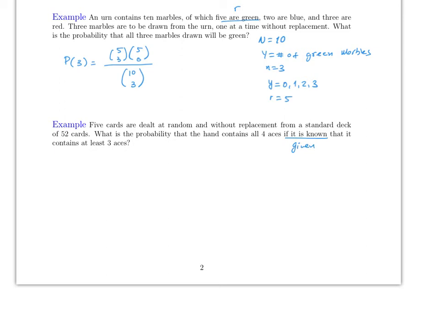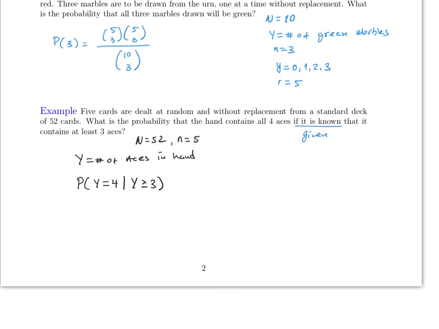All right, so here obviously capital N is 52 because you have 52 cards, and you are selecting 5, so lowercase n will be 5. And here, let's say y will be the number of aces in the hand. So the question is asking what's the probability that y is exactly equal to 4 given that y is greater than or equal to 3.